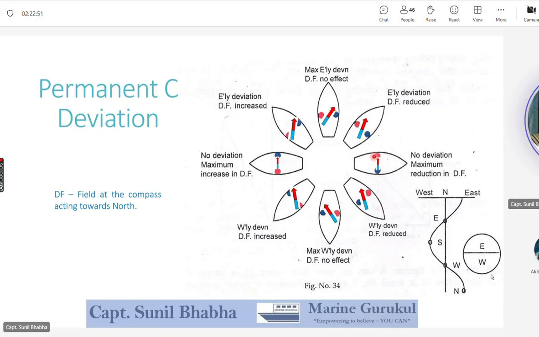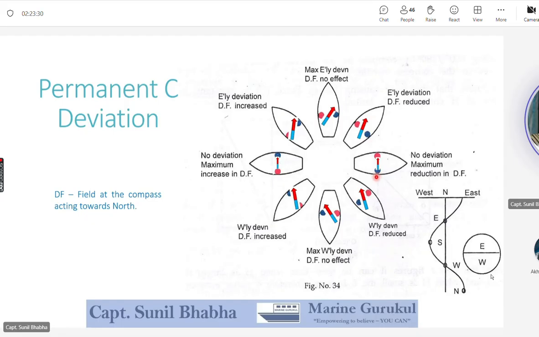If this was the only thing affecting the magnetic needle, that is these red and blue poles of the ship, this red pole would repel the red end of the compass needle and attract the blue end, trying to make the compass needle point exactly southwards. Likewise, the starboard side of the ship, which has a blue polarity, will try to repel the blue end of the compass needle, and it will also try to make the compass needle swing by 180 degrees, pointing due south.